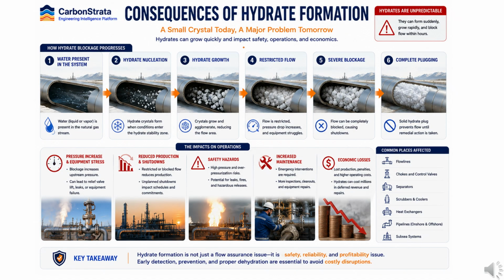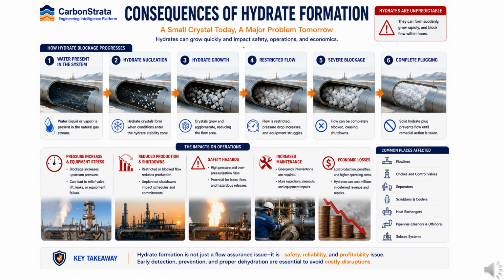Hydrate formation is more than a flow assurance issue. It can become a major operational and safety challenge. As hydrates begin to accumulate, they restrict the available flow area inside pipelines and equipment. This restriction increases pressure losses and reduces production rates. If hydrate growth continues, a complete blockage can occur.